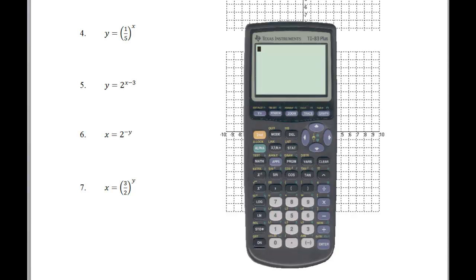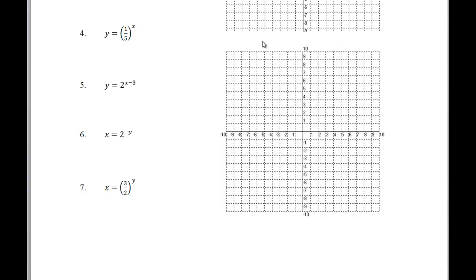It is going to go away. But what I'm going to do for 6 and 7 is make a table and focus just on my y values. I'm going to plug in maybe 2 negative and 2 positive values for my y to see what I get from them. And I'm going to do so on the calculator and then convert that into the table here. So let's show you what that would look like here on the calc.